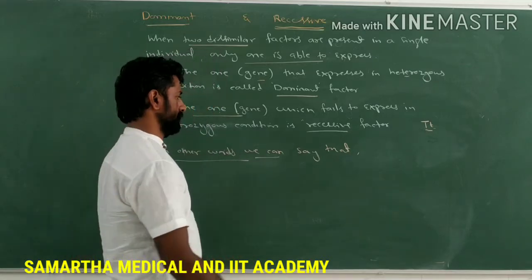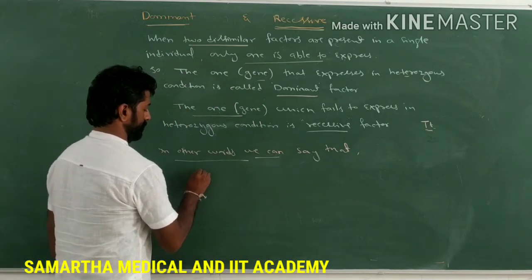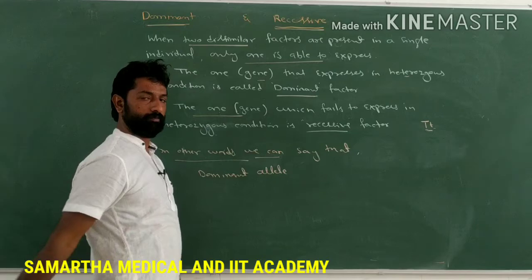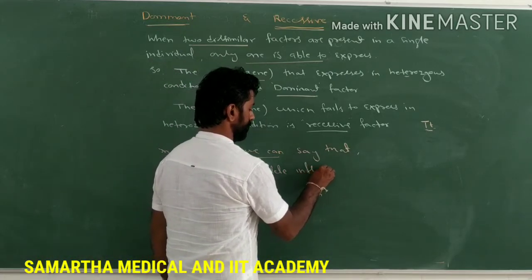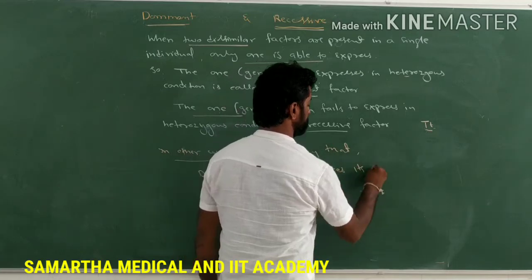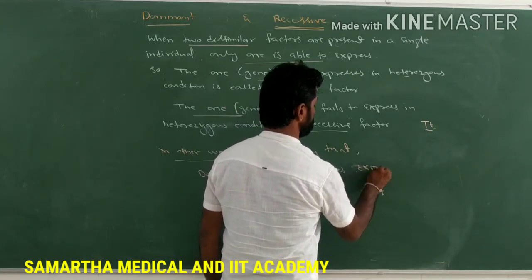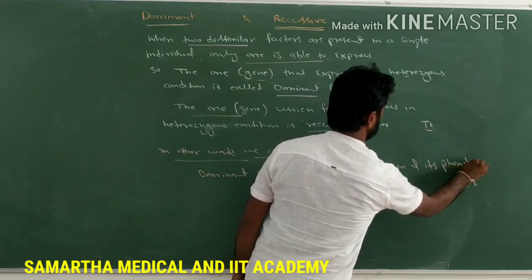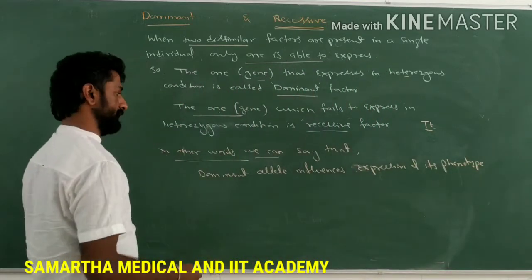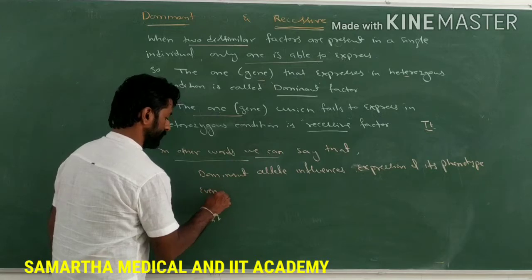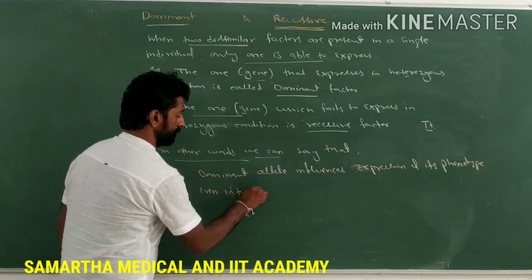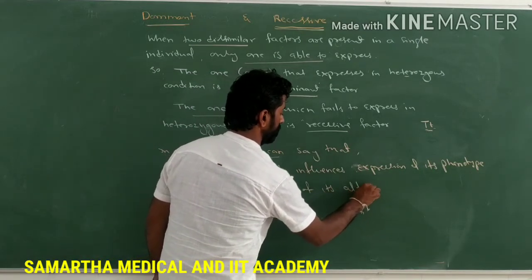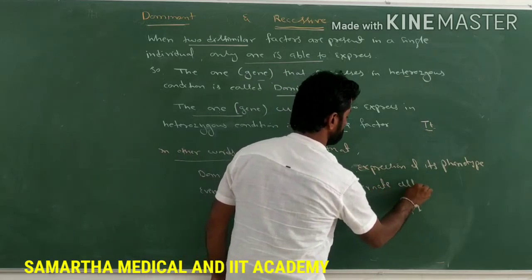In other words, we can say what dominance and recessive mean. The dominant allele influences the expression of its phenotype even in the presence of its alternate allele, or the contrasting allele.